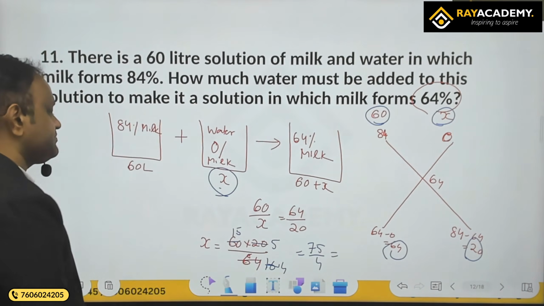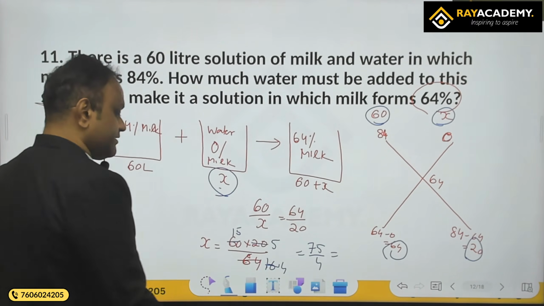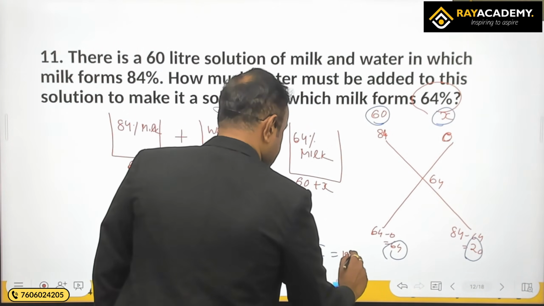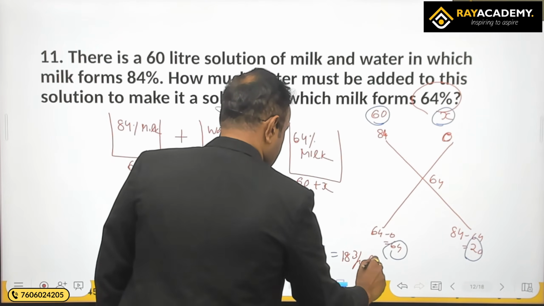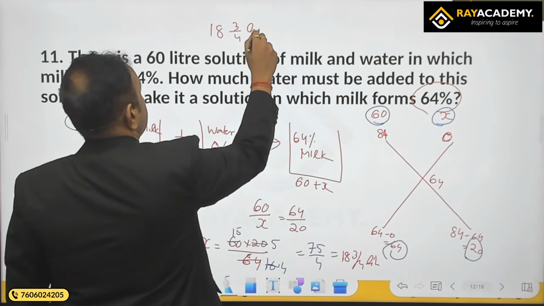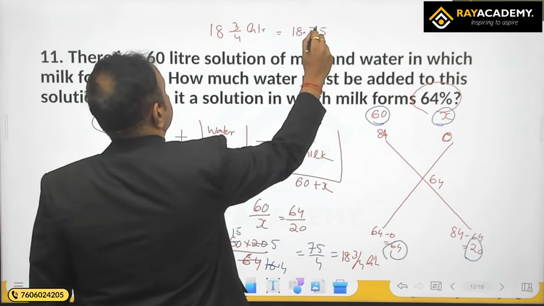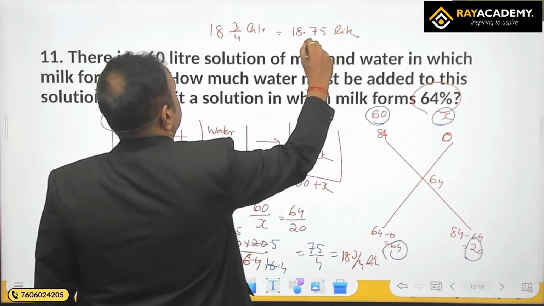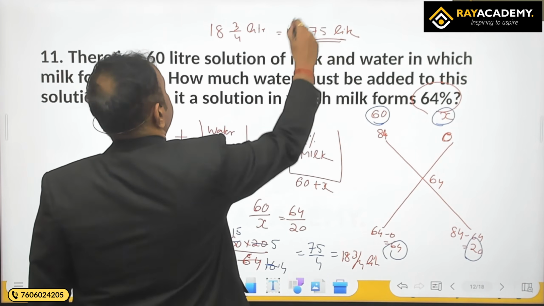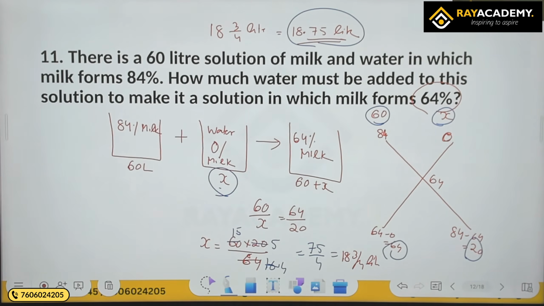It is 18 3 by 4. So the answer is 18 3 by 4 liters, or 18.75 liters also you can say. So if you add 18.75 liters of water, then the mixture becomes 64% milk.